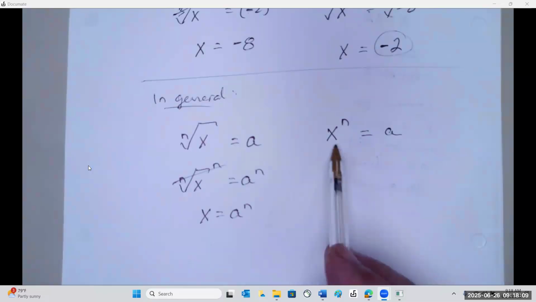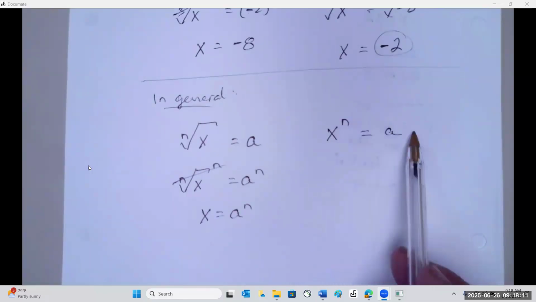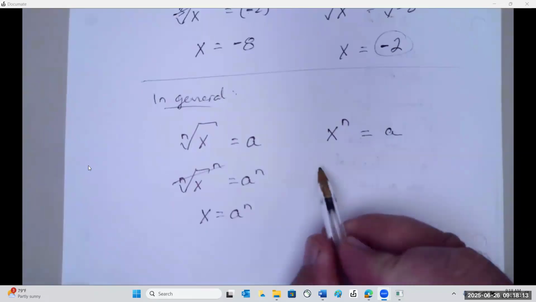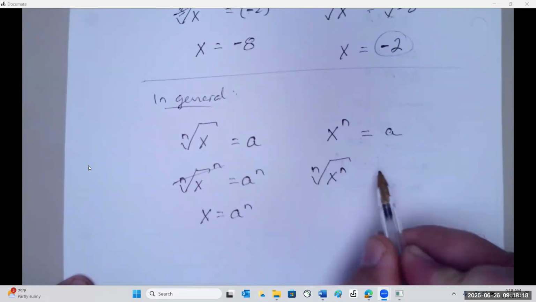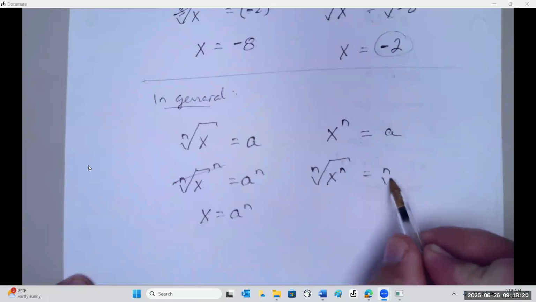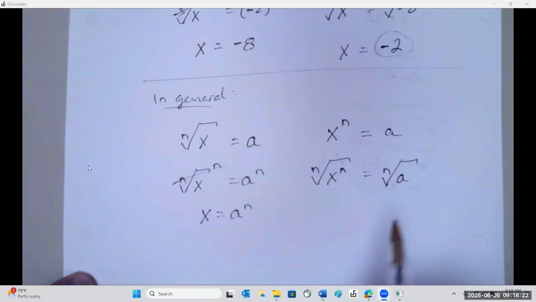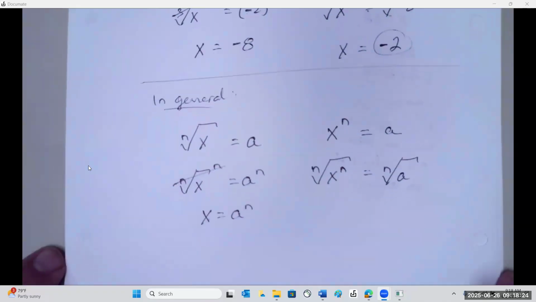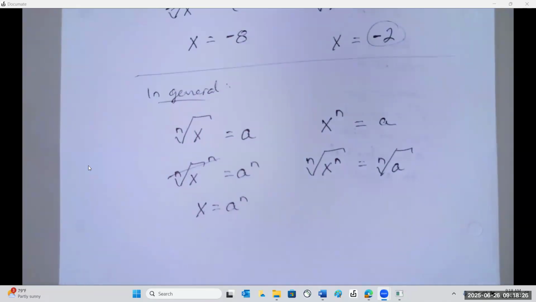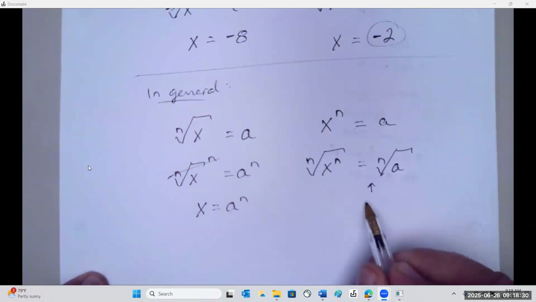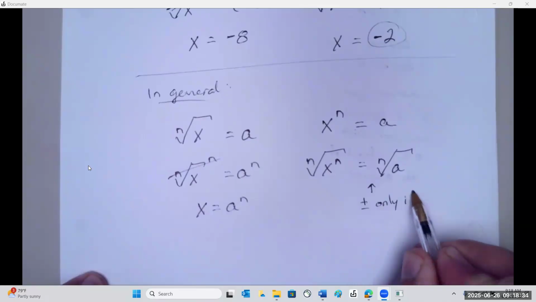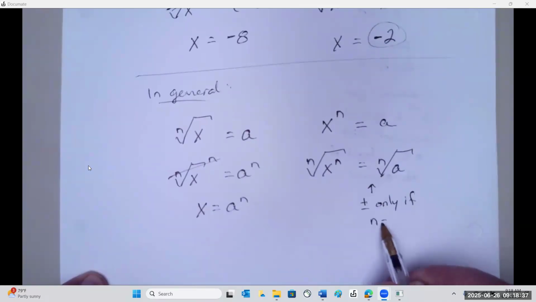If we have x to any power n equals some number, then we have to take the nth root, right? Plus or minus only if n is even.